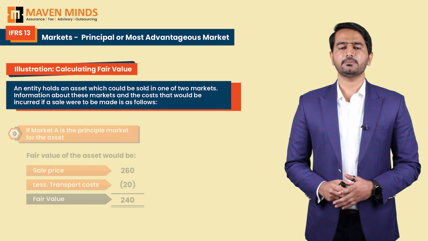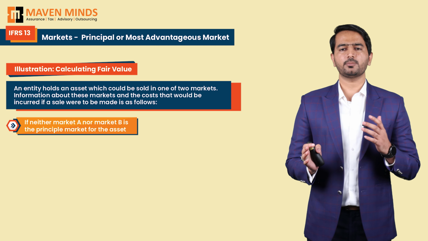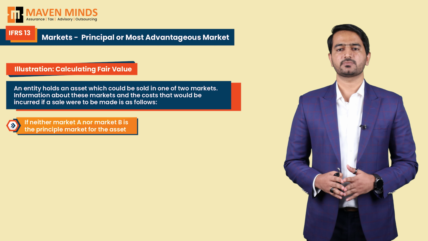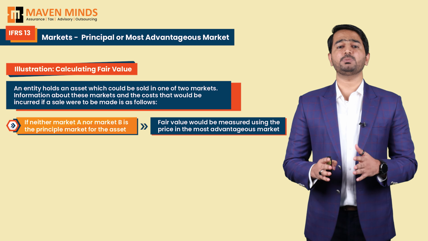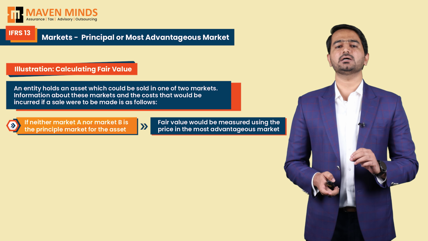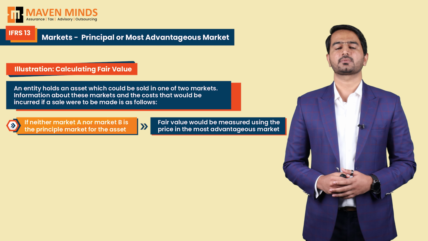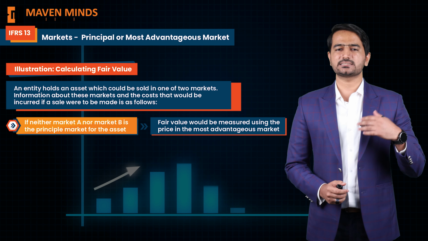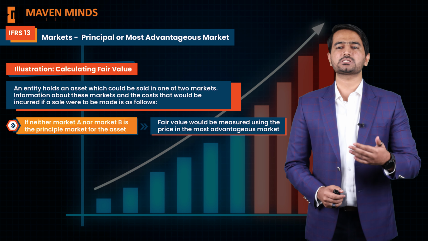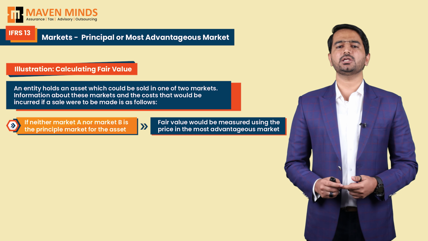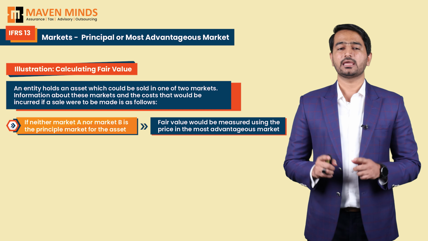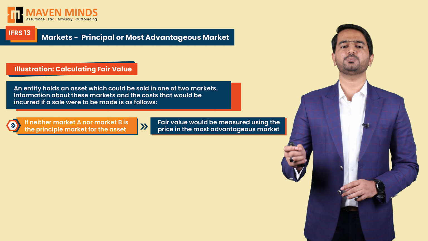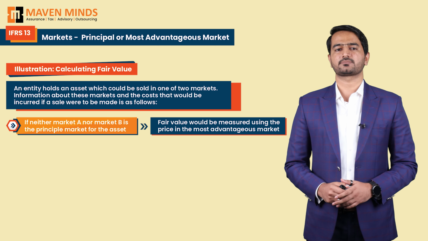Now, let's say neither market A nor market B is the principal market for the asset. In that case, the fair value of the asset would be measured using the price in the most advantageous market. The most advantageous market is the market that maximizes the amount that would be received to sell the asset after taking into account the transaction cost and the transportation cost, that is, the net amount that would be received in the respective markets.